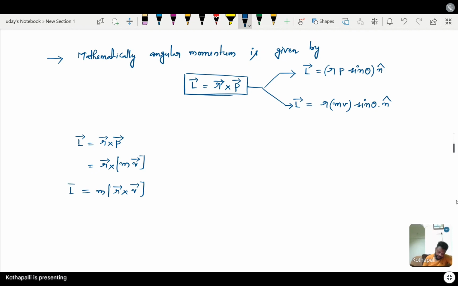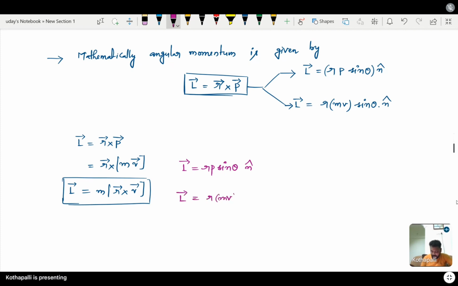This is one expression. Okay, as I told you again, L equals R P sine theta n cap or L vector equals R m v sine theta n cap. These three basic expressions as of now we try to understand.